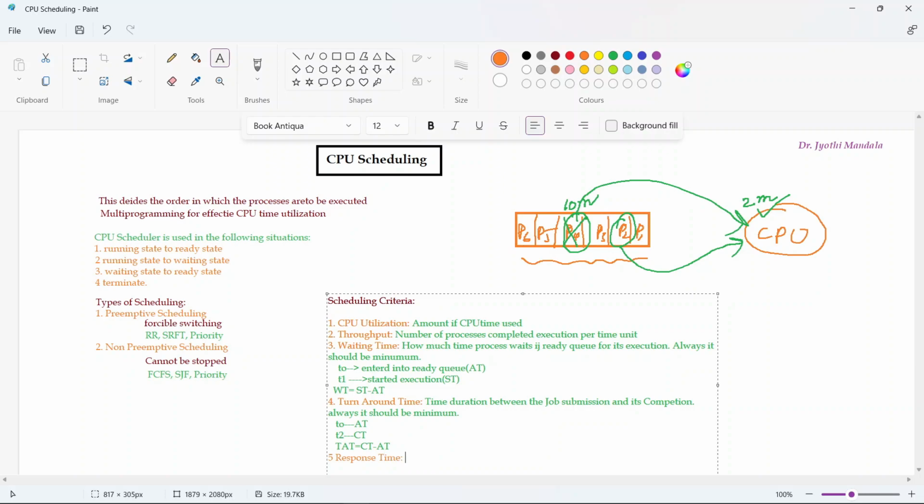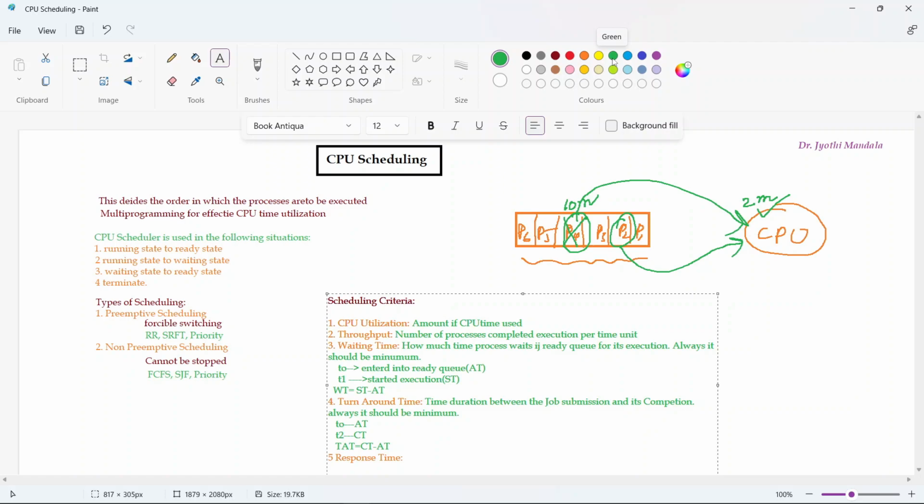In some cases it is not like we are bothered only about the final output. In an interactive environment or scientific calculations, we always want the first response from the program or process.